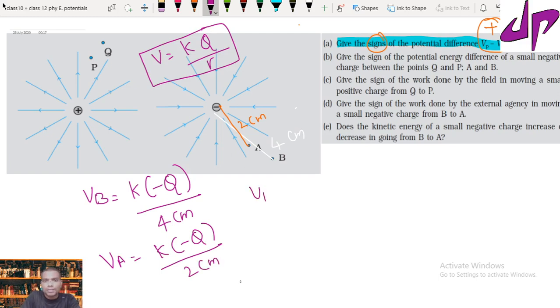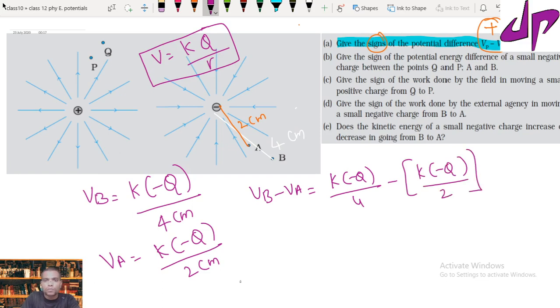Now you can subtract, VB minus VA. So K times minus Q upon 4 minus K times minus Q upon 2. Pull the common factor K, Q: here minus 1 over 4 and there plus 1 over 2.